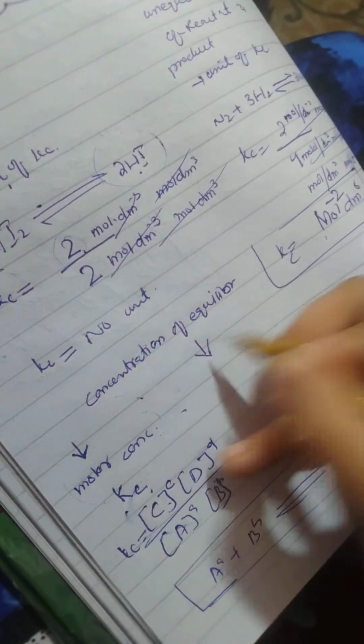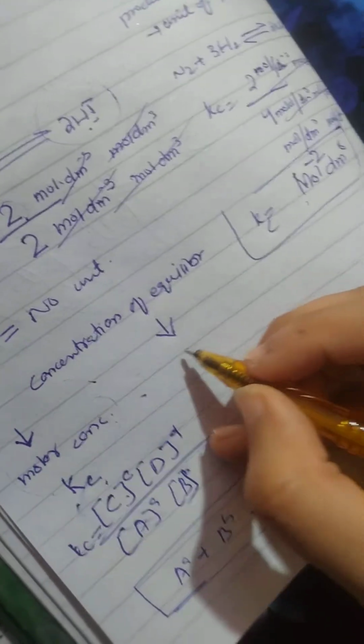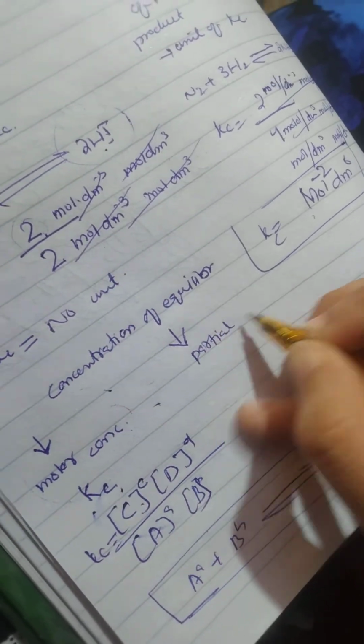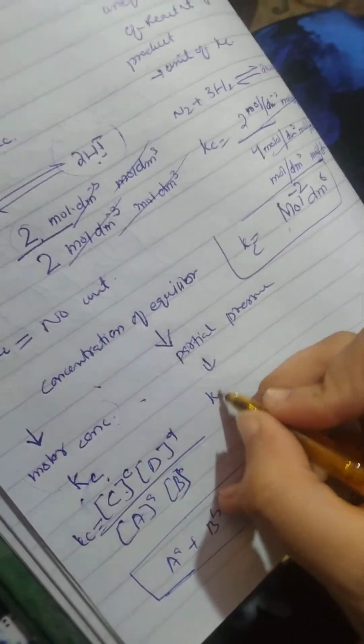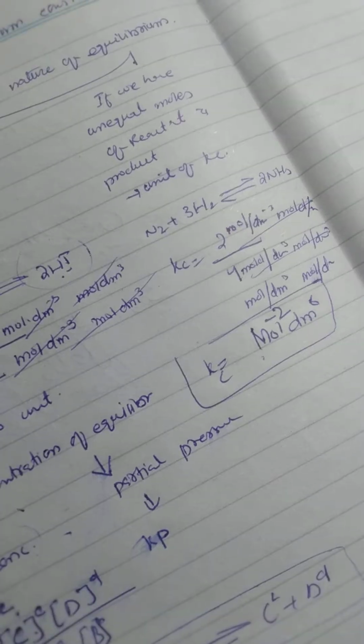We can also show the concentration of chemical equilibrium by partial pressure, which is denoted by Kp.